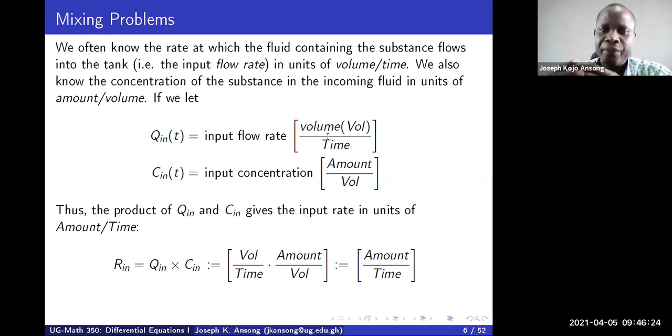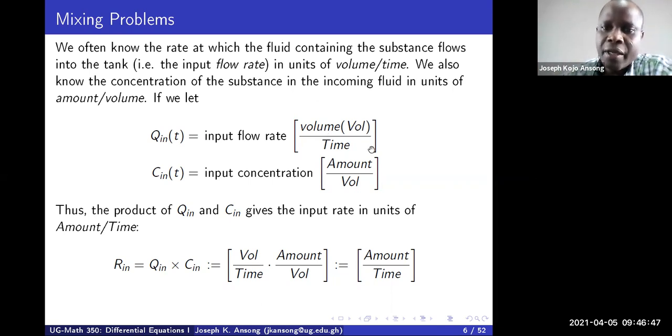It mixes with it. And so if you assume it's well mixed, you know the concentration because you know the amount and you know the volume. If you know the amount in the tank and the volume in the tank, you can take the amount divided by the volume and that gives you the concentration of stuff that is in the tank. And that will be the concentration that is flowing out.